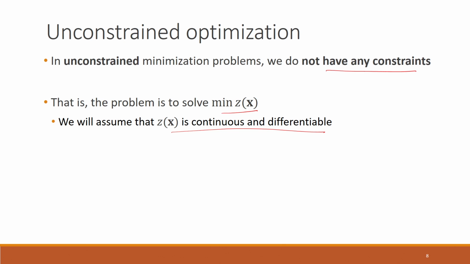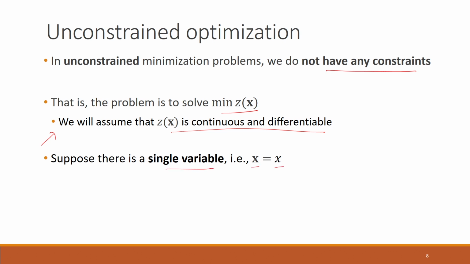So that is why now we are in the realm of continuous optimization problems, and whatever we will be presenting next will be based on these assumptions here. Okay, now let us first focus on the case when there is a single variable, that is, this vector x is just equal to one variable x here.